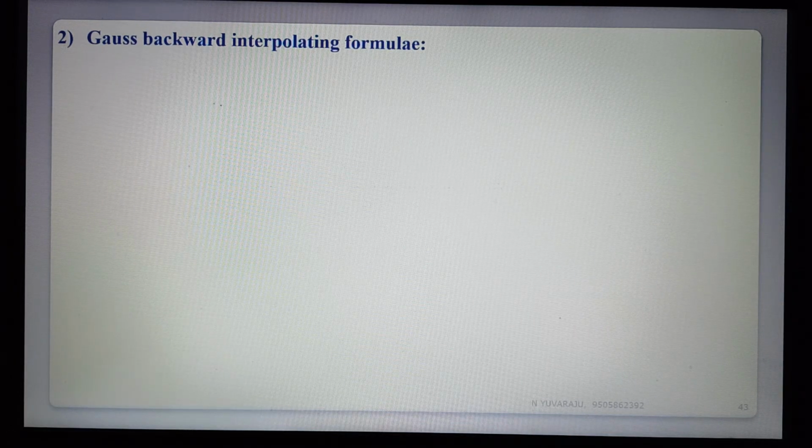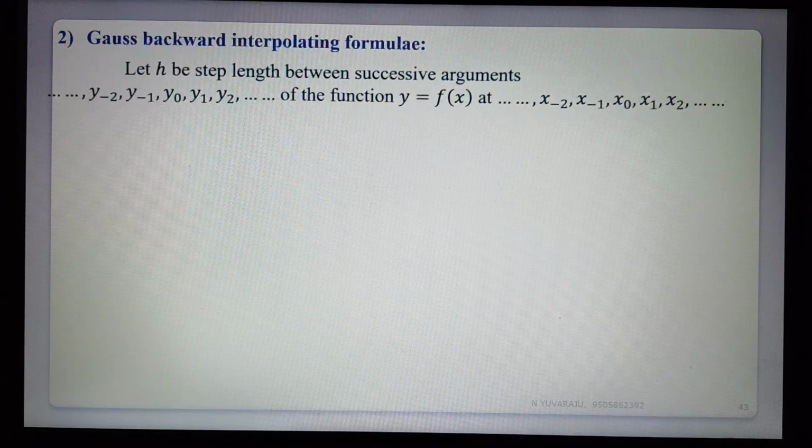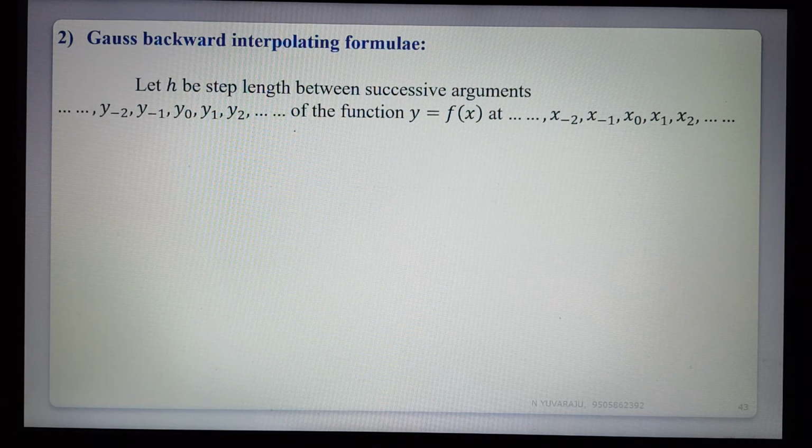Next, the Gauss backward interpolating formula. The same arguments, the x values and y values, of the unknown function y equals f of x.